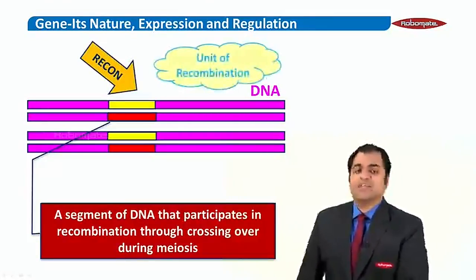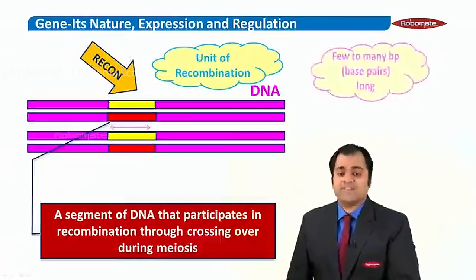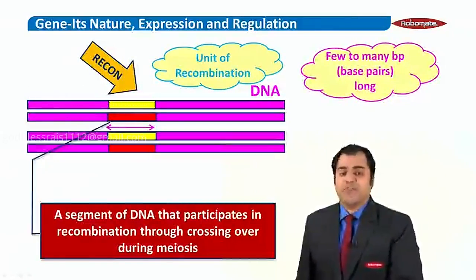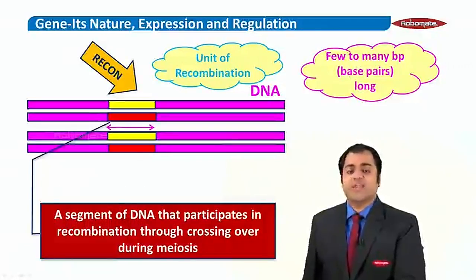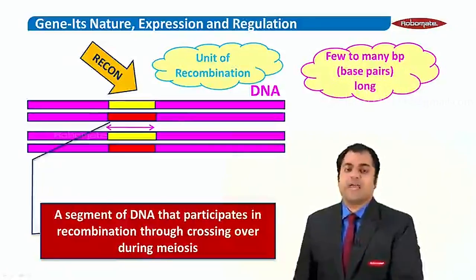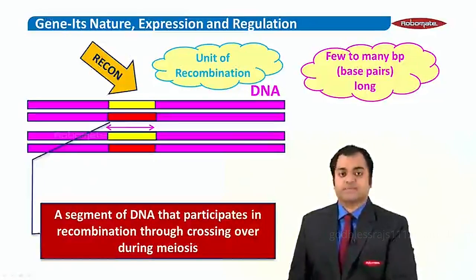So recon is the unit of recombination. By size, recons could be a few to many base pairs long. So these are the three new terms, namely cistron, muton and recon, that were introduced by Seymour Benzer, and this is called the modern concept of a gene.